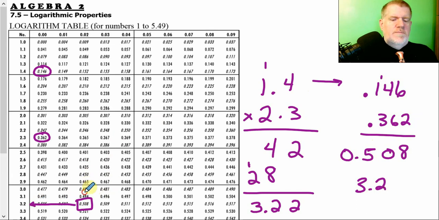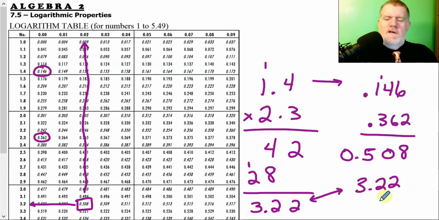And if I look up, look at that, 3.22. So what I have done is I have taken a number, converted it to a log, added the logs, converted it back. It's easier to add than multiply in general.